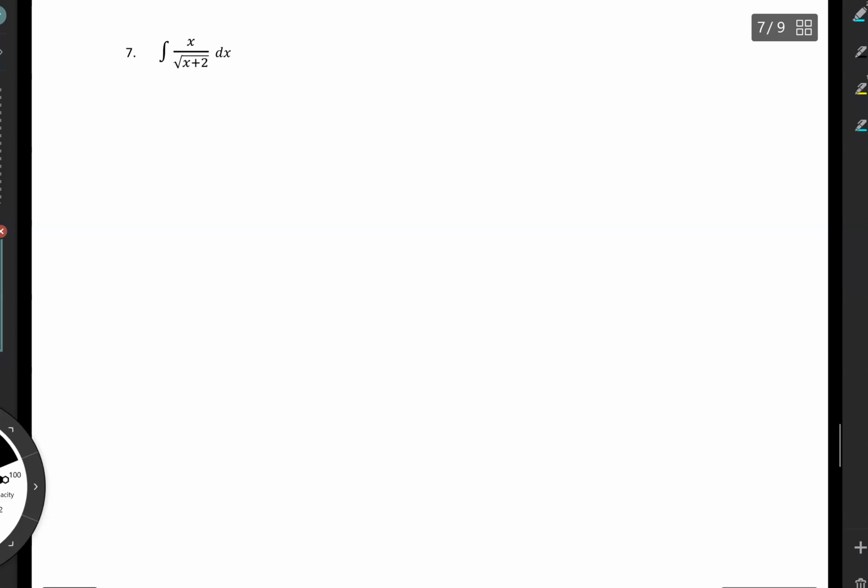Okay, so if I rewrite my square root, I'd have x over binomial to the 1/2 dx. And we know it's not the e to the x rule, right? So I'm going to consider my reverse power rule and my reverse ln of x rule.